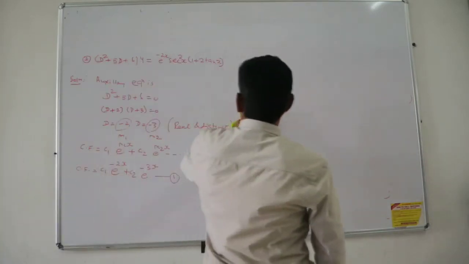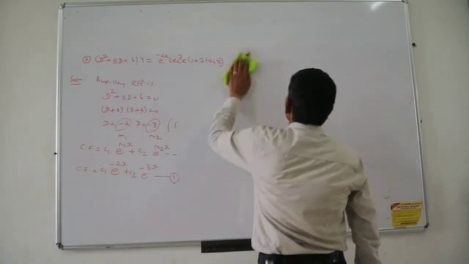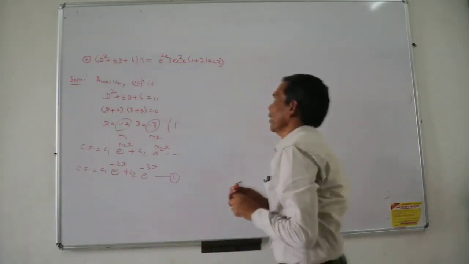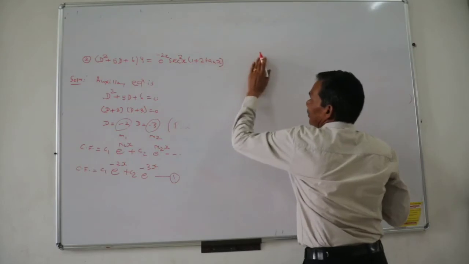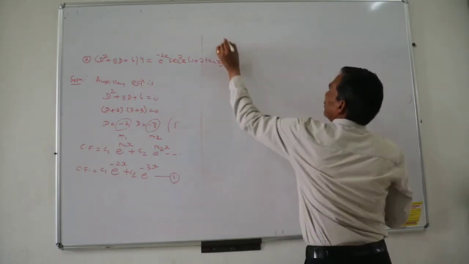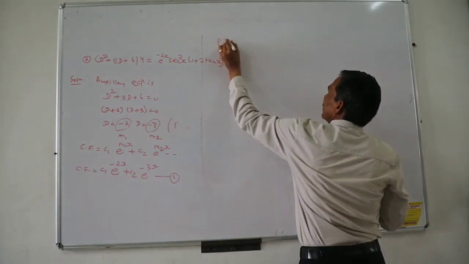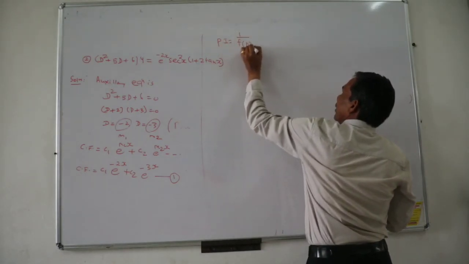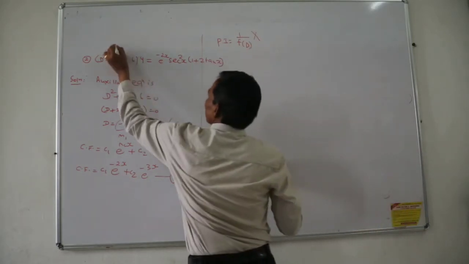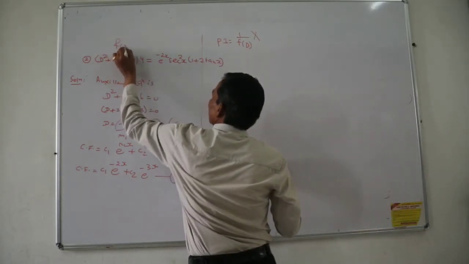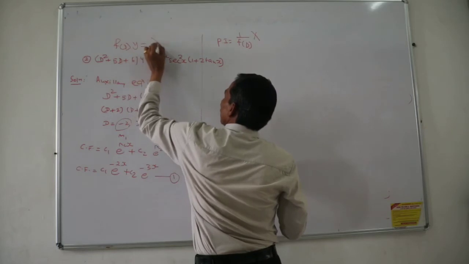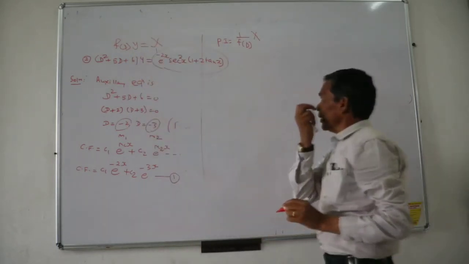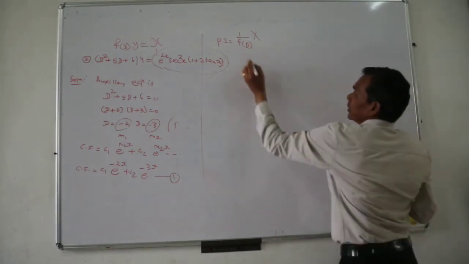Now the second part of the solution is the particular solution or particular integral, and for that we have the formula. It is something like this, 1 upon f of D operated on capital X, because this equation is of this particular form, equal to capital X. Capital X would be this thing here.